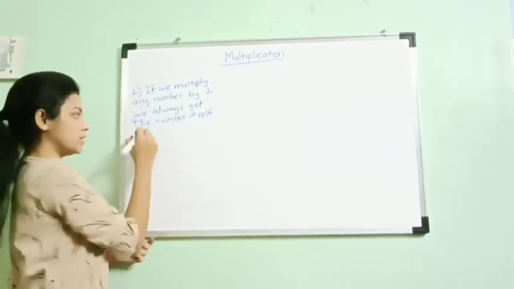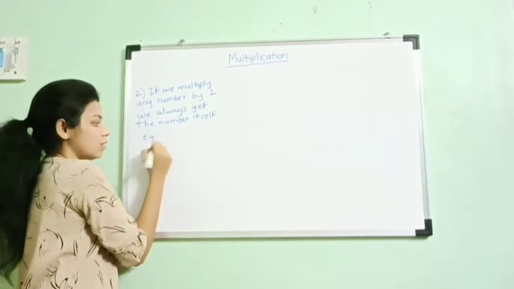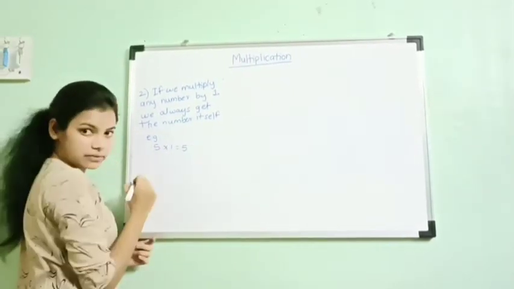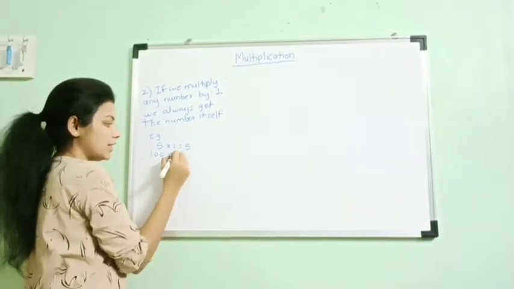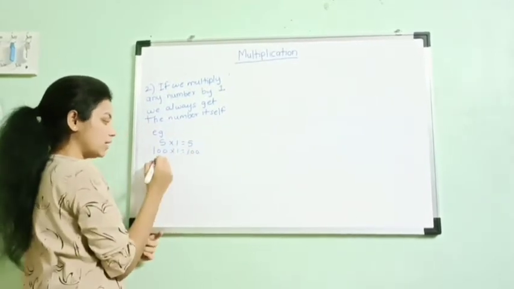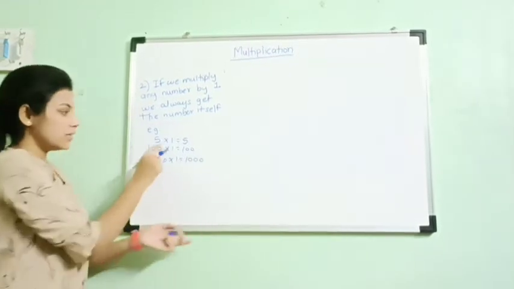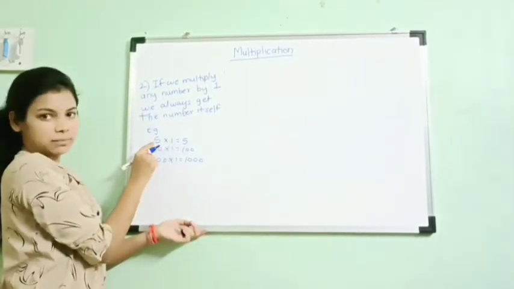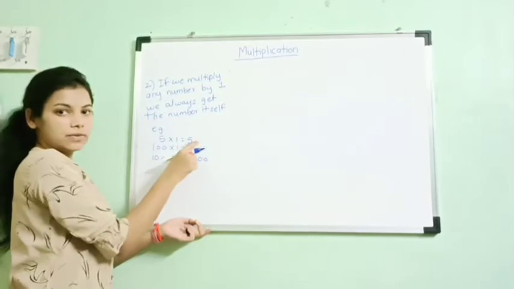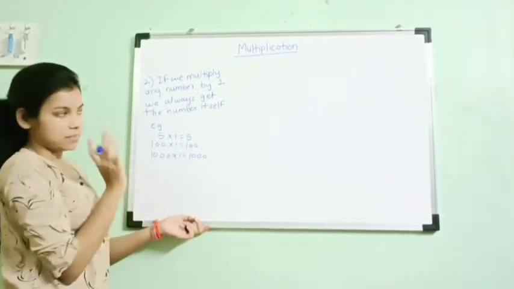Consider examples. 5 into 1 is equal to 5, 100 into 1 is equal to 100, 1000 into 1 is equal to 1000. Even if we exchange this multiplicand and multiplier, that is 1 into 5, we will get 5. That is, we will get the same result.